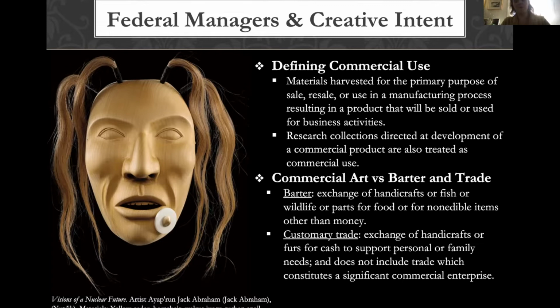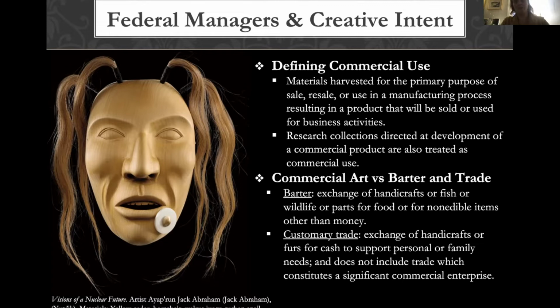So in this aspect, if you're a rural resident under subsistence management, you have the ability to do barter or customary trade for these materials that is not considered commercial use per se, but is considered subsistence because it's part of barter and customary exchange. The key factor is that it's not a significant commercial enterprise, so it cannot be your sole income.